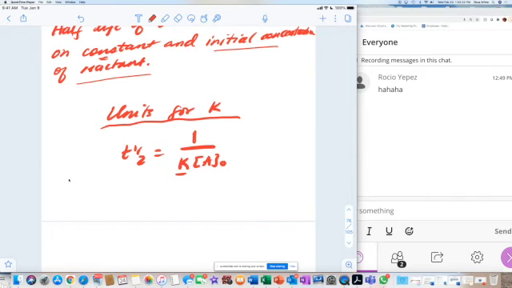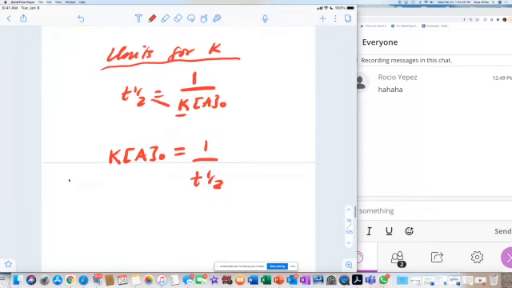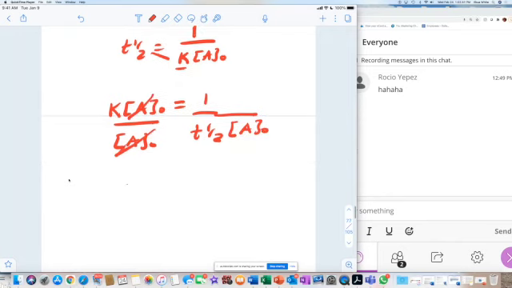Switch these around: k times a naught equals 1 over t1/2. Divide by a naught, and we end up with k equal to 1 over t1/2 times a naught.